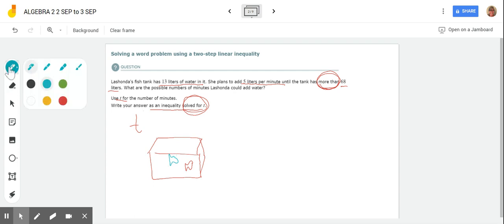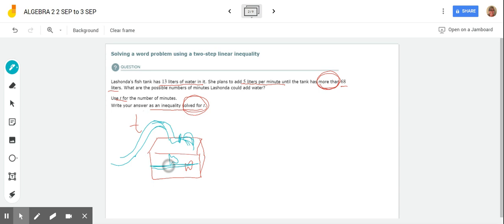Okay, there we go. All right, so she's going to be adding water with a hose. And I don't know where the hose is going. It's coming through here, water. Okay, we're filling it up. It has 13 liters of water in it already. Okay, this must be a very big tank.